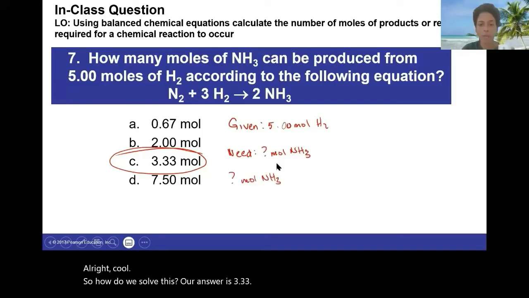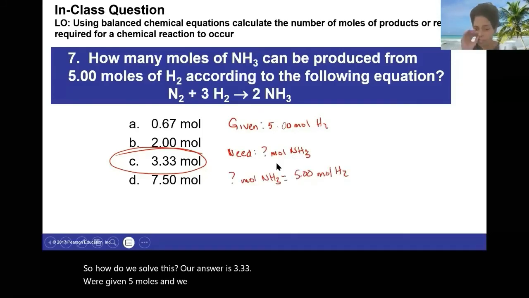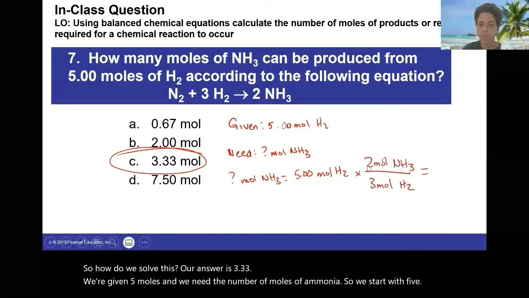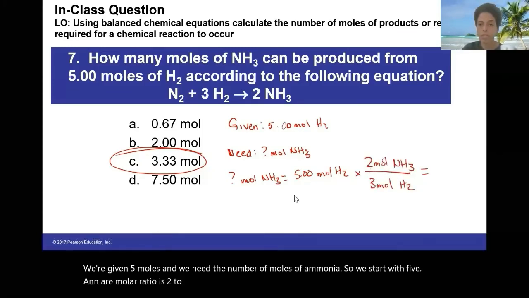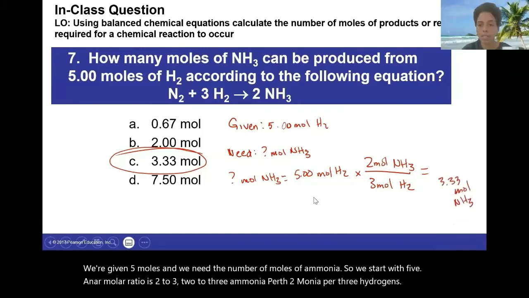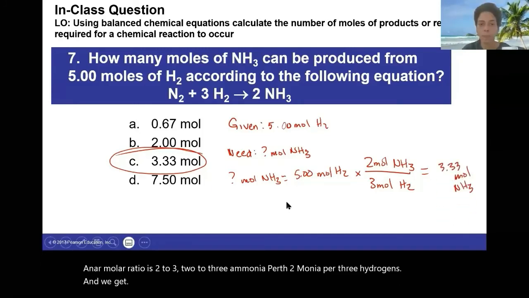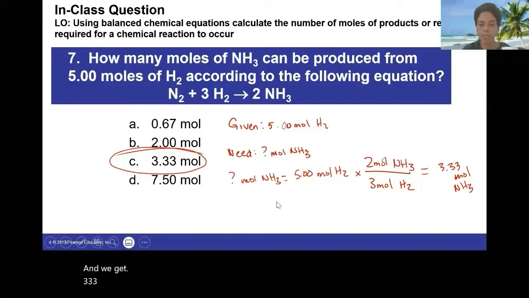We're given 5 moles and we need the number of moles of ammonia. So we start with 5 and our molar ratio is 2 to 3, 2 ammonia per 3 hydrogens, and we get 3.33 moles of ammonia. Good job.